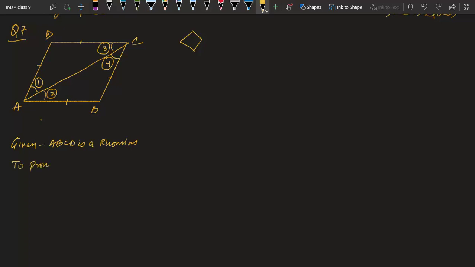So to prove angle 1 is equal to angle 2, comma, angle 3 equal to angle 4. Apart from this, we have to show the same thing with diagonal BD also, and diagonal BD bisects angle B and D, so that you can do very easily.